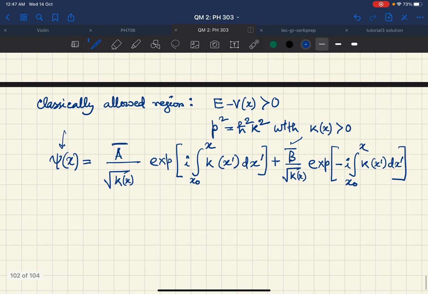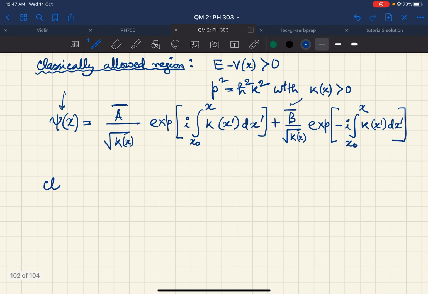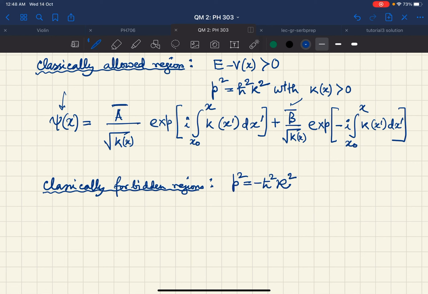Similarly, here we had discussed the classically allowed region. If you now look at classically forbidden regions, you can immediately have p squared as minus h bar squared kappa squared, and this implies p of x is i h bar kappa of x.